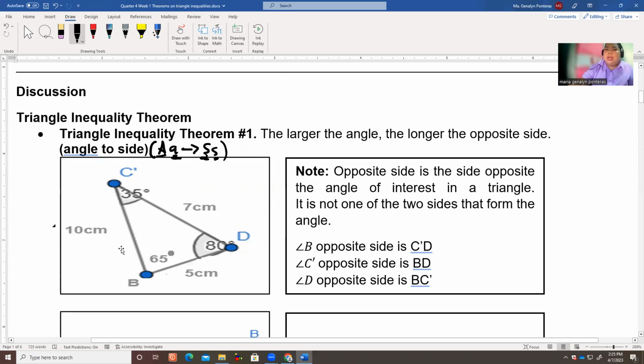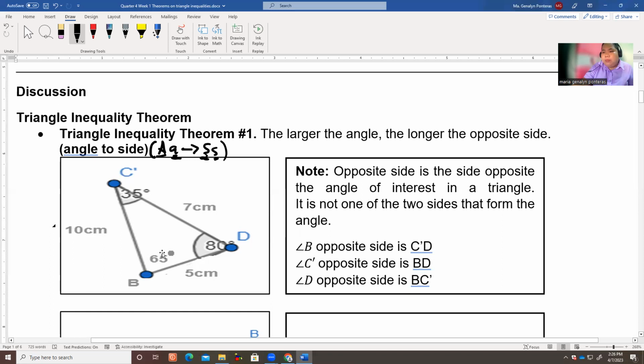So the smallest angle is 35. The opposite side of 35 degrees is 5 cm, which happens to be the smallest side also. As you can see, our sides are 7, 5, and 10. Then the next one is 65 degrees, which is larger than 35 and smaller than 80.